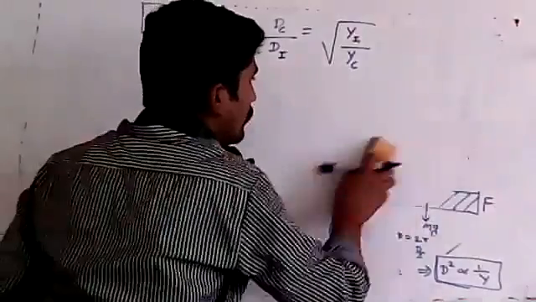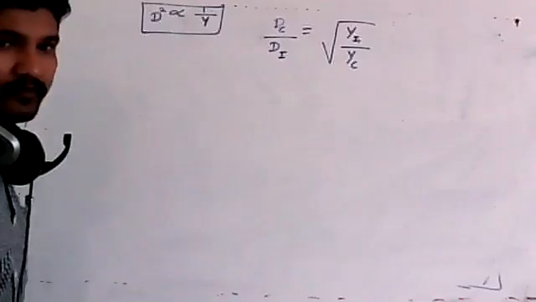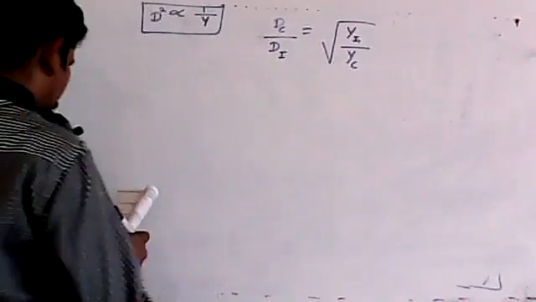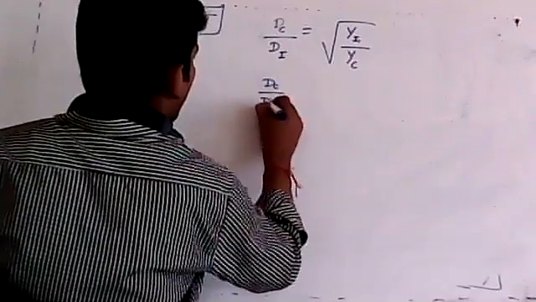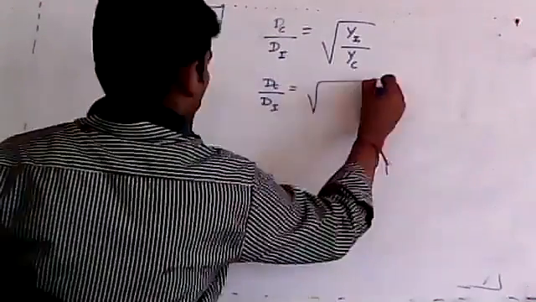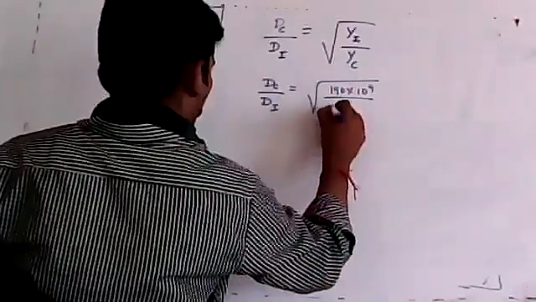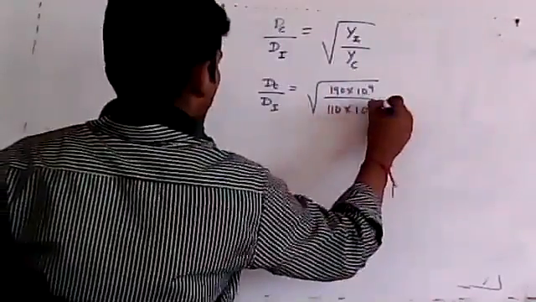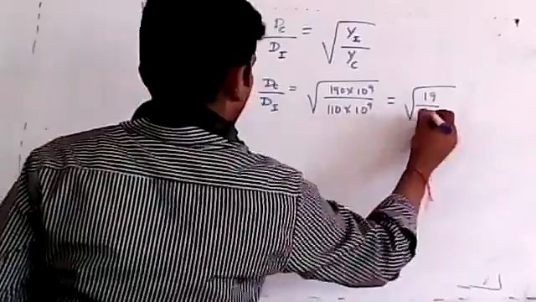Just a reciprocal. Inversely proportional is there. So that's why, correct. Then I want the ratio of this: 19 into 10 raised to 9 divided by 11 into 10 raised to 9. You will get 19 divided by 11.